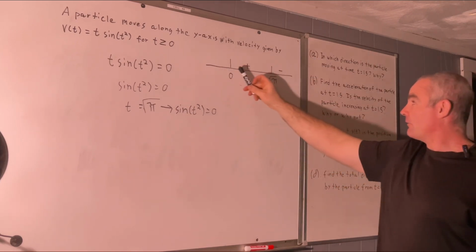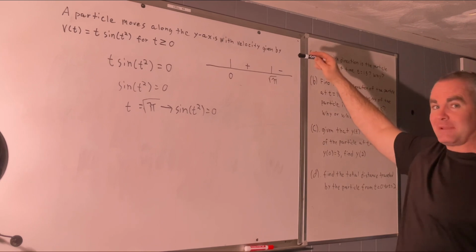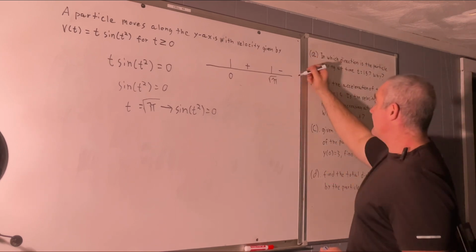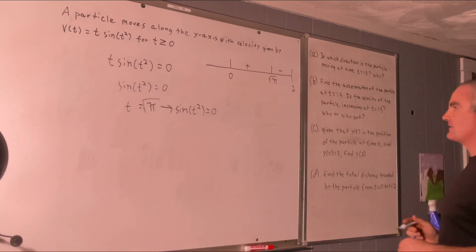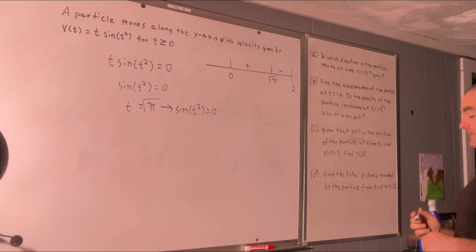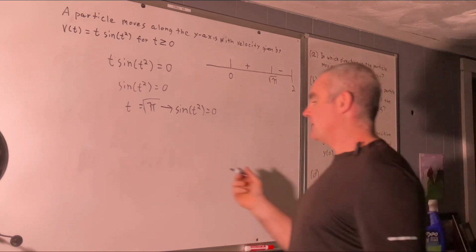going up from 0 to square root of pi, and then it starts coming down from square root of pi to 2. And I said pi earlier, I meant square root of pi. So we need to integrate and add the values of 2 separate functions.